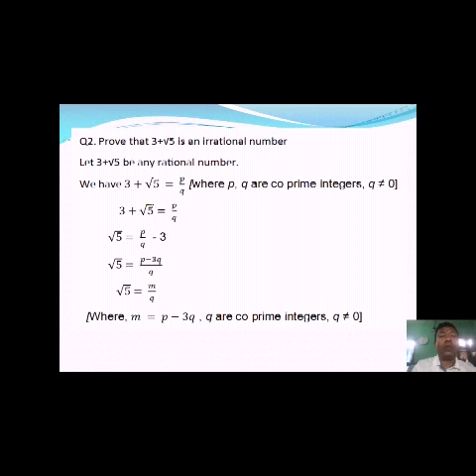Implies that root 5 is equal to p by q minus 3. Implies root 5 will be equal to p minus thrice of q divided by q. Implies root 5 will be equal to m by q, where m equals p minus 3q. p and q are integers, therefore m is also an integer. So m and q are co-prime integers and q not equal to 0.